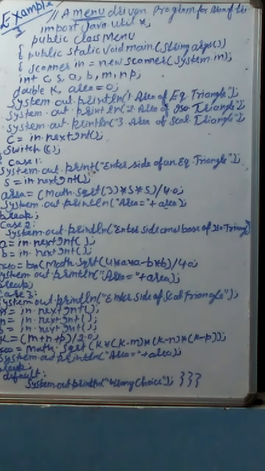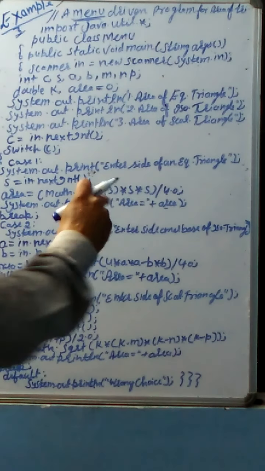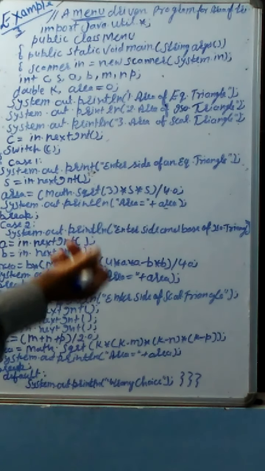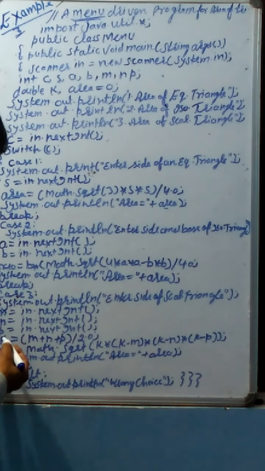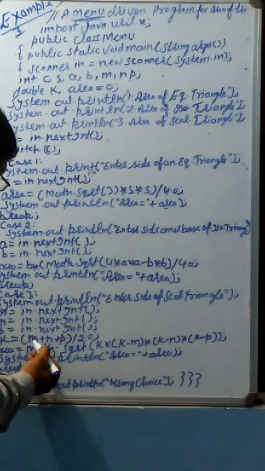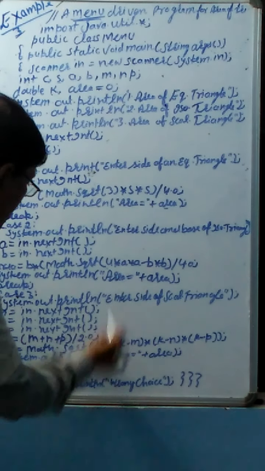Before that we have to calculate the value of s. So how will you calculate it? k is equal to (m plus n plus p) divided by 2.0.